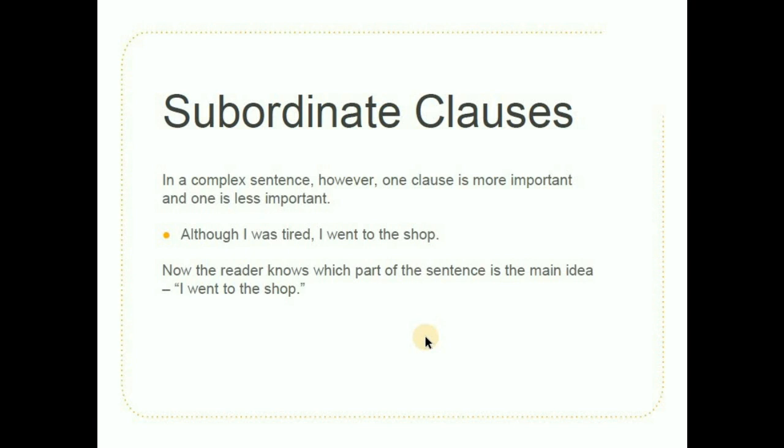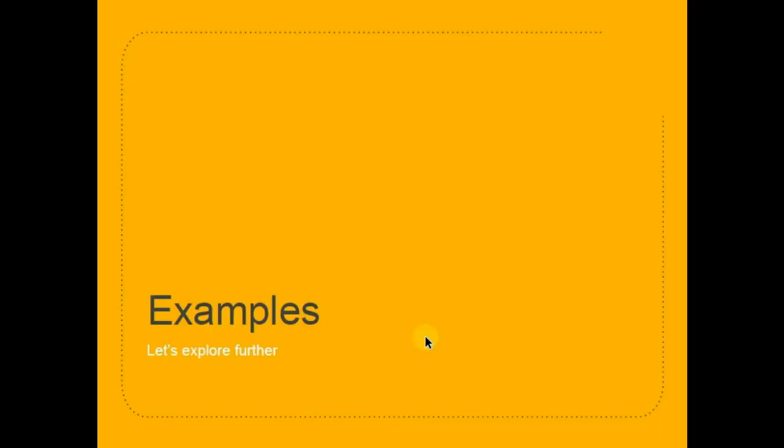The tiredness is extra. Now you can see why our sentence construction is adding subtle or explicit meanings to our language. This is just one example of that. Let's look at some more examples of complex sentences.